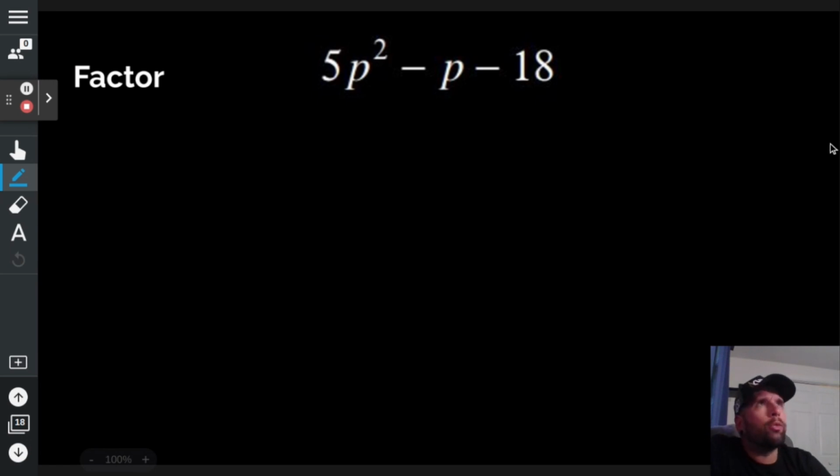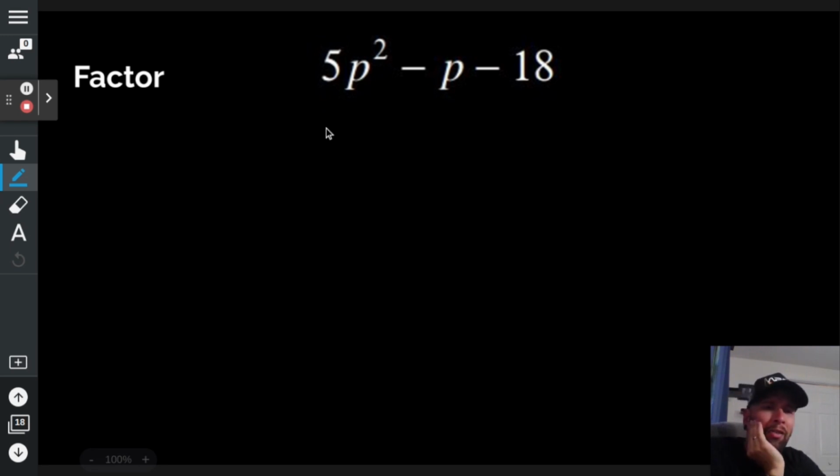Now, this is where it gets a little unpleasant, okay? And I'm going to be honest, I'm not super good at these, so you'll kind of see what it looks like to have a genius struggle just a little bit. I have a number in front of p squared. No big deal. There was a 7 in front of my variable squared last time, but there's no number in front of p, which means you can't factor out a number.